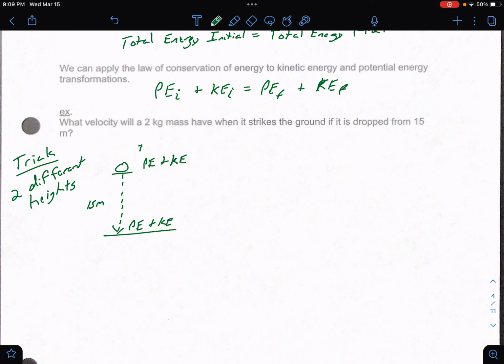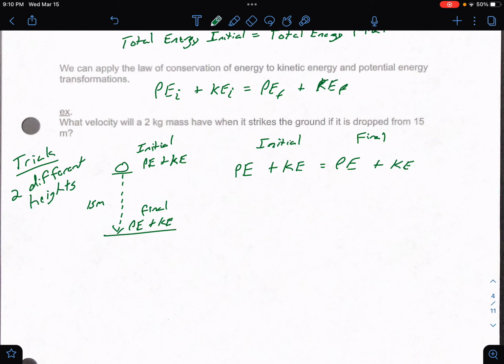This is the initial side because that's before you dropped it, and this would be the final. So we look at our equation, PE plus KE equals PE plus KE. I always do my left side as my initial side, and my right side as my final side.